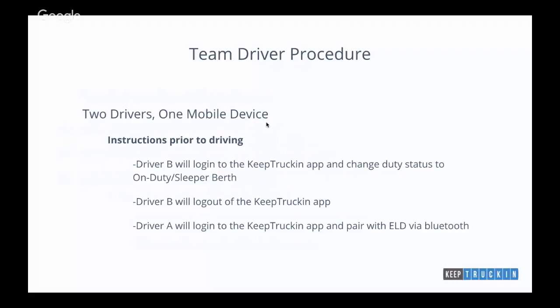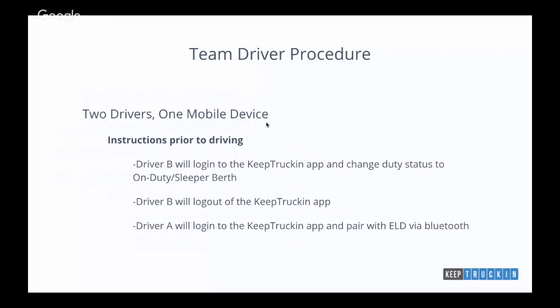Now, a lot of the times, drivers are sharing their tablets or mobile phones within the truck. So this is now the instructions for two drivers who share one mobile device. Instructions prior to driving: keep in mind driver B would be the second person driving, and driver A is the first person driving.